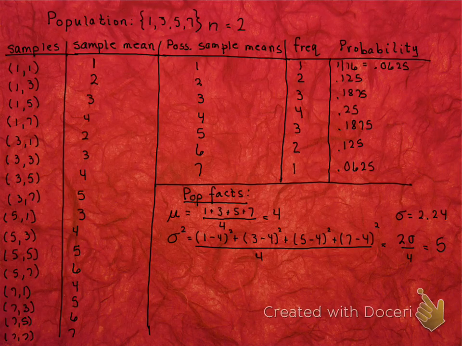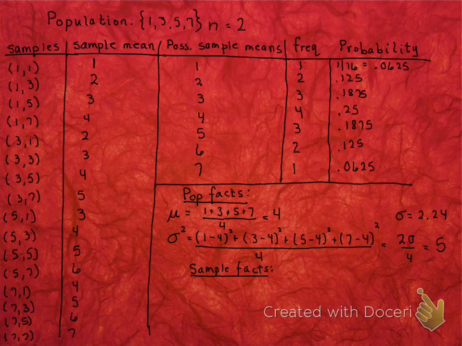Now we're going to utilize some of that information to come up with our sample facts, okay? Because what we're being asked to find in example 1 is the mean, variance, and standard deviation of the sample means. So we're using the population facts to find the sample facts.